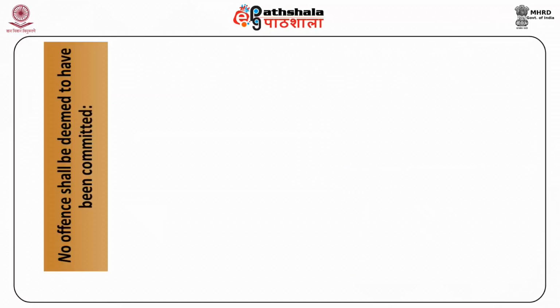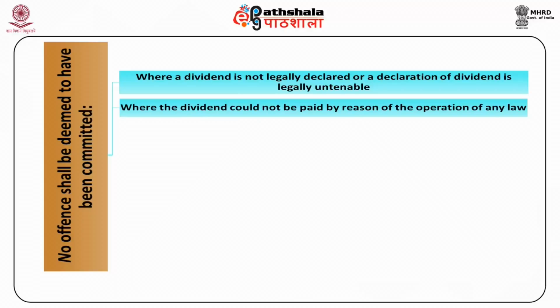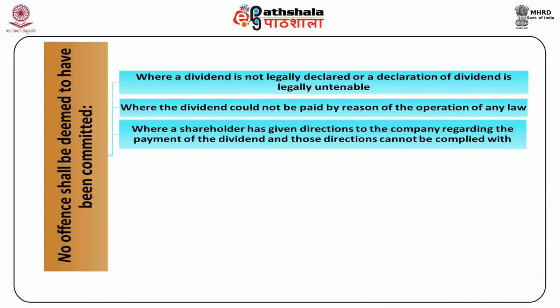However, no offense shall be deemed to have been committed in the following cases. First, where a dividend is not legally declared or a declaration of dividend is legally untenable. Second, where the dividend could not be paid by reason of the operation of any law. Third, where a shareholder has given directions to the company regarding the payment of the dividend and those directions cannot be complied with.